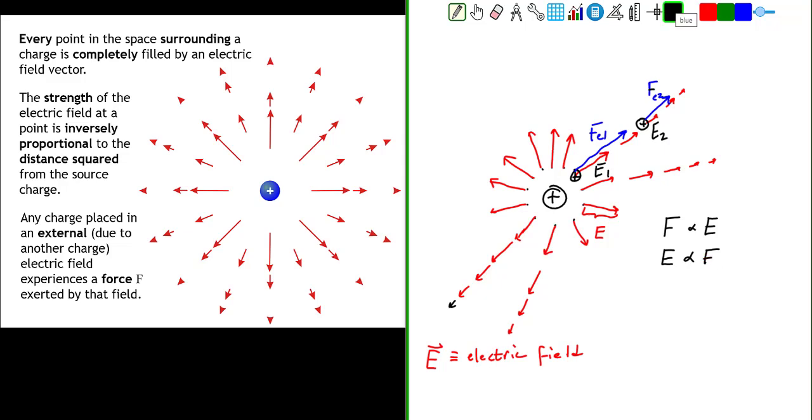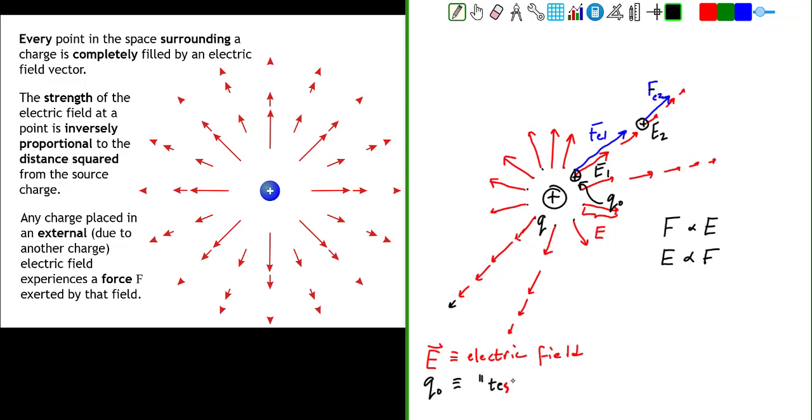You might be wondering what the constant of proportionality is. Well, let's identify these charges. I'm going to call the charge in the middle, the one that's producing the electric field that we're interested in, Q. I'm going to call this charge that we placed in the field Q naught. Q naught will be our test charge.